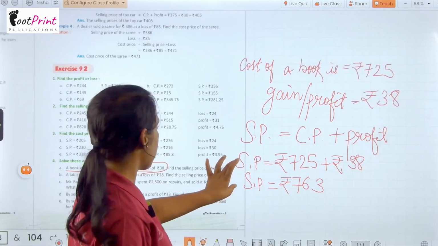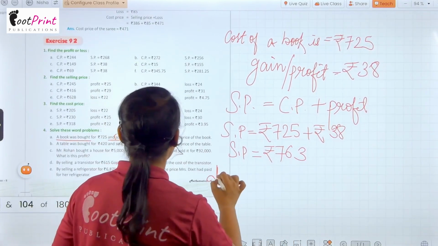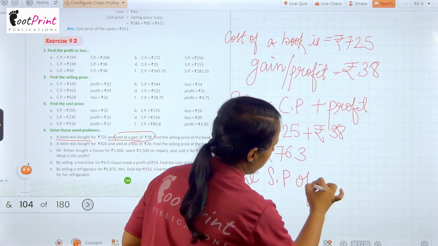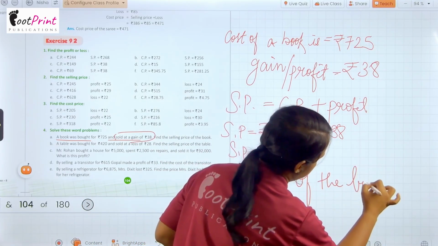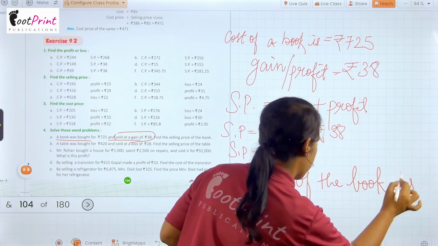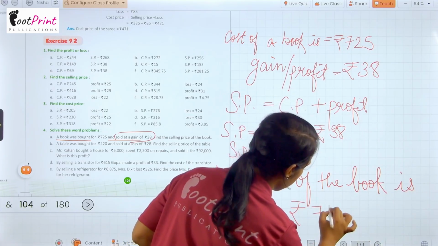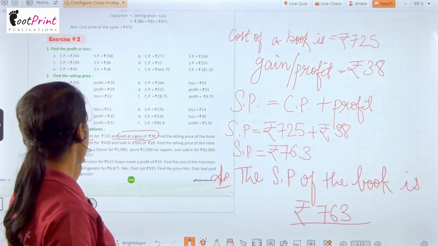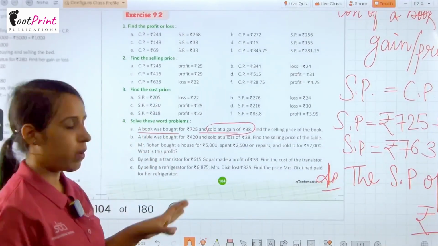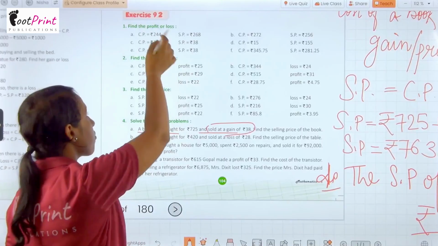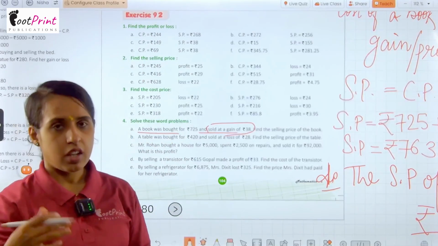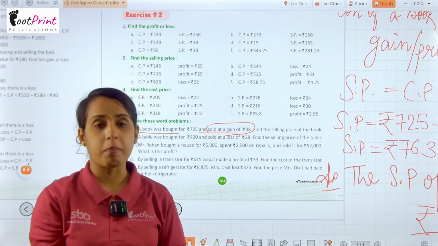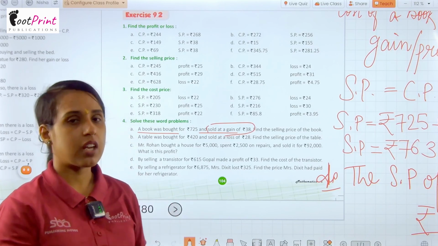So here we can write as answer in this statement, the selling price or the SP of the book is 763 rupees. Okay, so in this manner you can easily do word problems also. Okay, because in this we have to find out only profit, loss, SP or CP, and we know how to find out CP, SP, profit and loss from the given data.